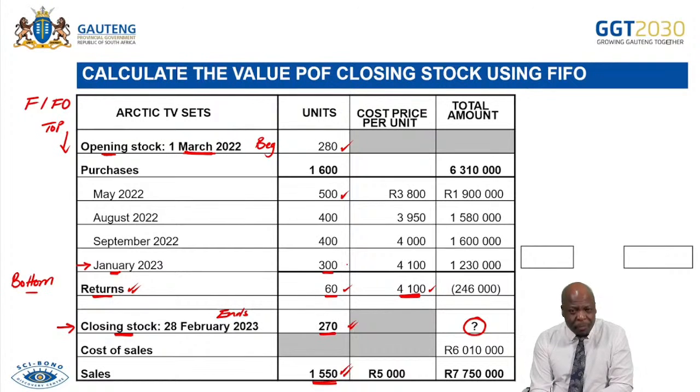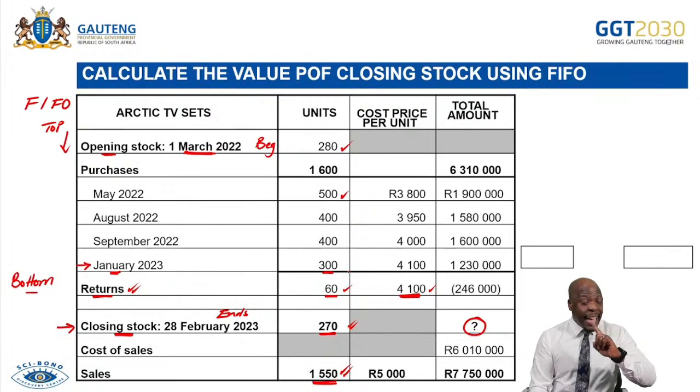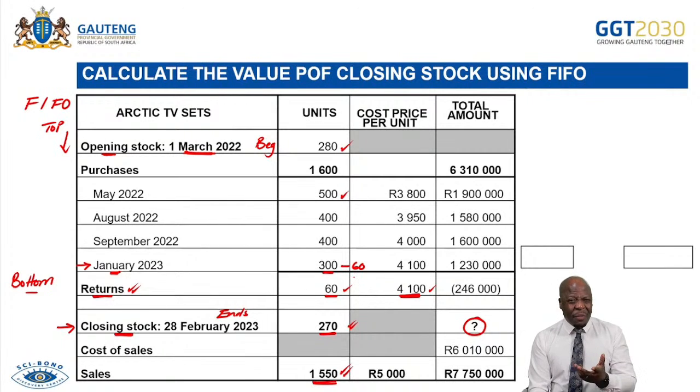So I'll come in and I'll say, do I still have 300? I purchased 300, but then I returned, which means I subtract my 60. Do I still have 300? Certainly not. How many do I have? It is your 300 minus your 60.